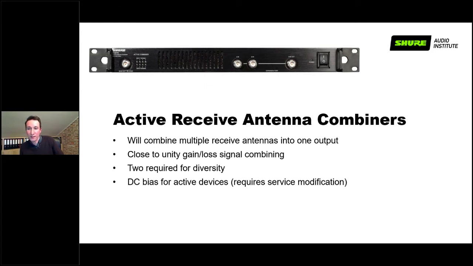So these units can be used to combine multiple transmitters, and we can quite easily do a small service modification. They provide DC bias to antennas, and basically feed a set of antennas and combine them all into a single output.